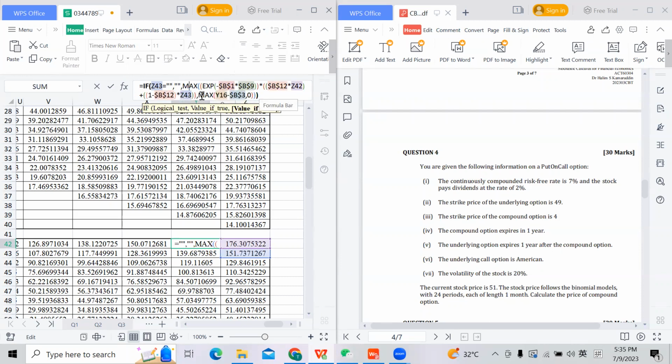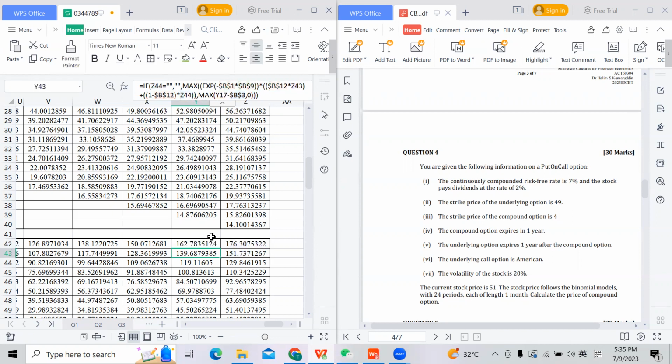Otherwise we take ST minus K. We need to compare which value is higher.